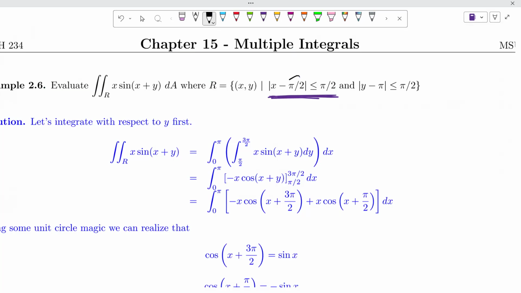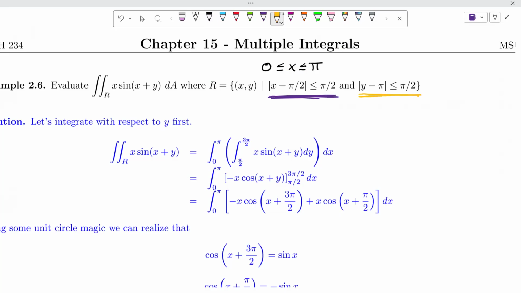Looking on the inside, this pi over 2 right there tells me that the center of my x interval is pi over 2. And on the outside, that's telling me I'm within pi over 2 of that center. So if I look pi over 2 to the left, I'm at 0. And if I look pi over 2 to the right, I'm at pi. It's pi over 2 plus or minus pi over 2.